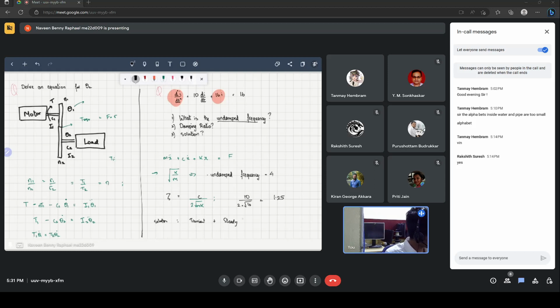For steady state, we solve it by equating the thing to 0. So we take this equation and write. Give me a second.